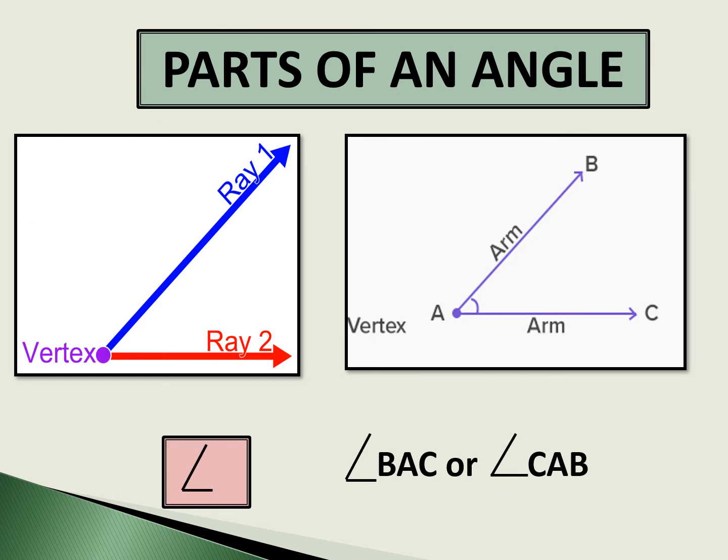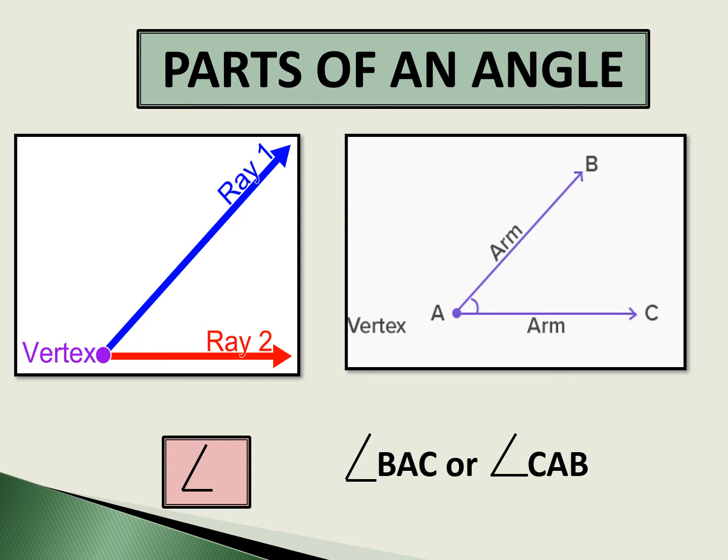The next thing that we are going to talk about is the parts of an angle. When two rays have a common endpoint, they form an angle, as you can see in these figures over here. Ray AB and ray AC together form an angle. The common endpoint A is called the vertex of the angle. AB and AC are called the arms of the angle.